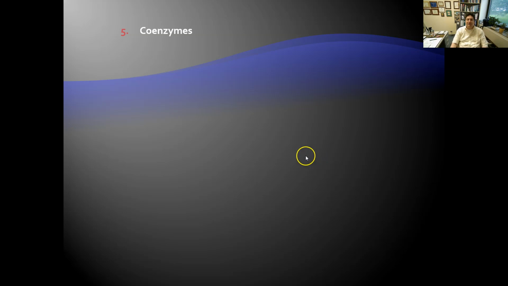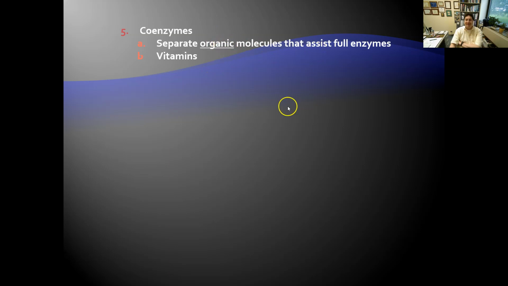Now, being such important molecules, enzymes do not work all by themselves. They have coenzymes. You can think of a coenzyme as an assistant. It is a separate organic molecule, carbon-containing, that assists full enzymes. In living things, vitamins act as coenzymes. There are also cofactors.